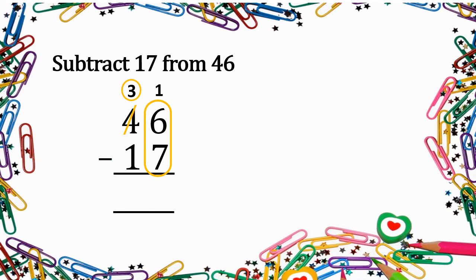And as the borrowed number has a 10's value, 10 plus 6 becomes 16, so 16 minus 7 is equal to 9. And 3 minus 1 is equal to 2.